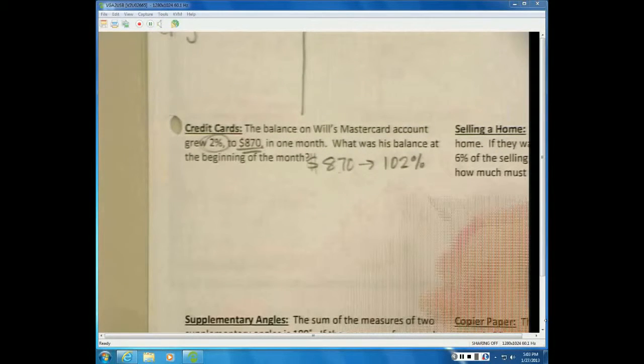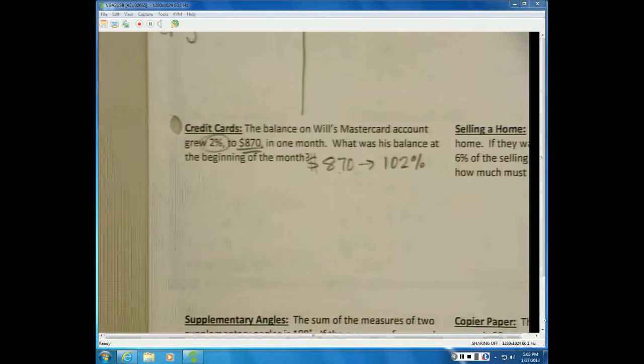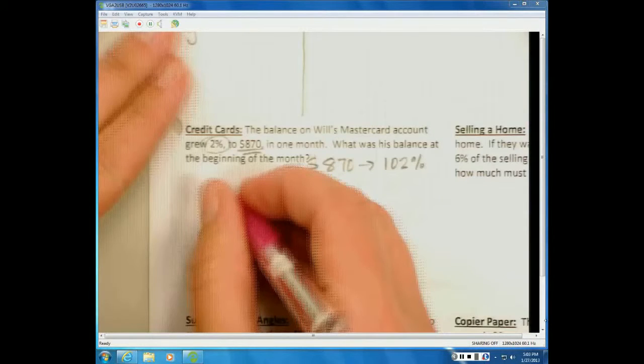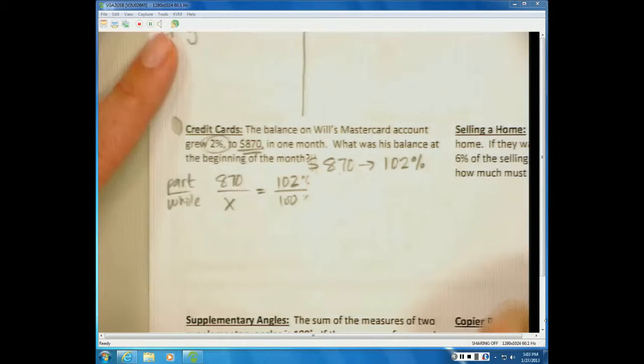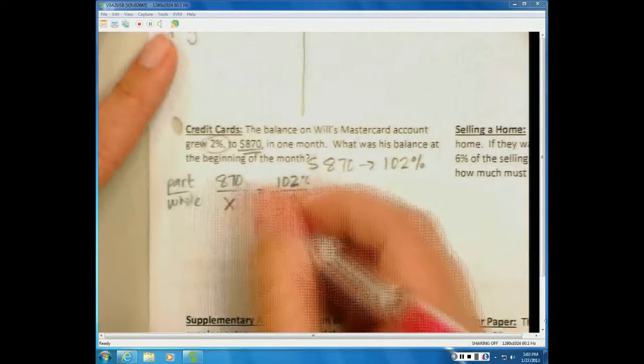So I'm a big fan of proportions. We have 870, right? We're doing part over whole over whatever the original balance was equals the new 102% over 100%. Right? The part over the whole equals the percent over 100.